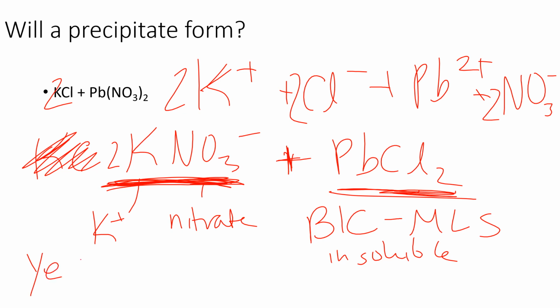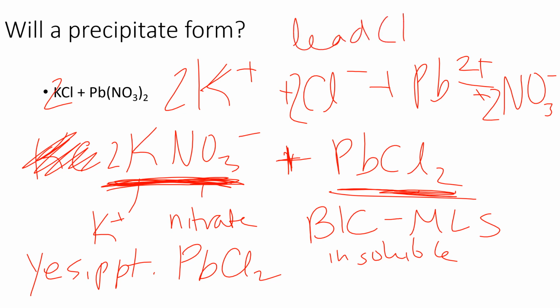So the answer to this one is yes, there will be a precipitate, and to be specific, that precipitate will be lead chloride. Lead(II) chloride to be specific, because this lead has a charge of +2. So if we're being very specific, we're going to write this out as lead(II) chloride.